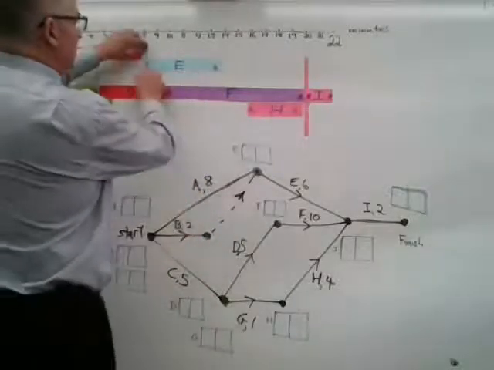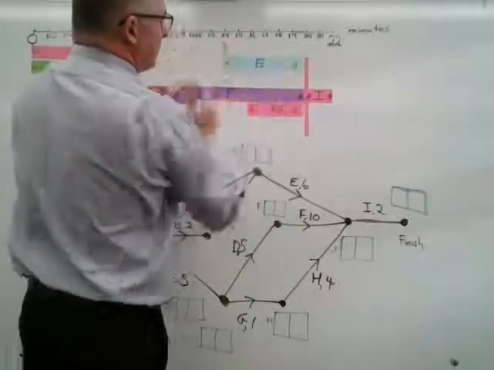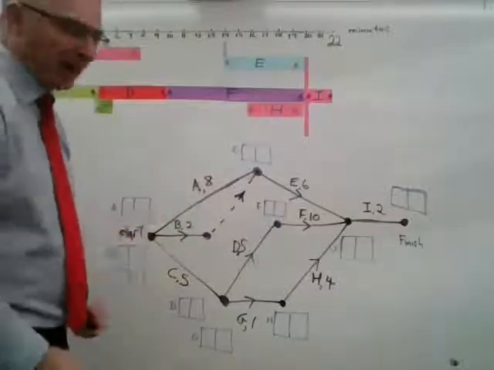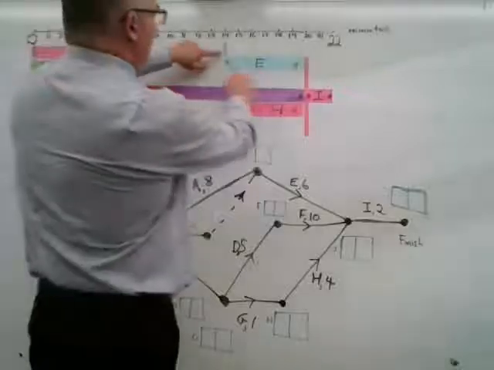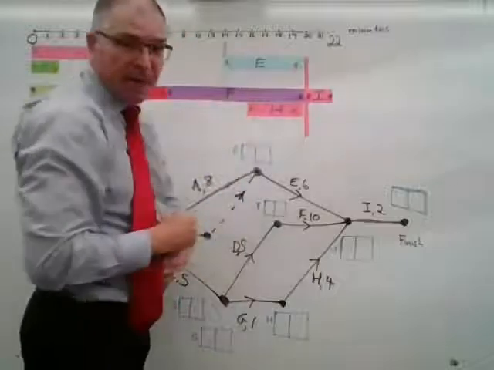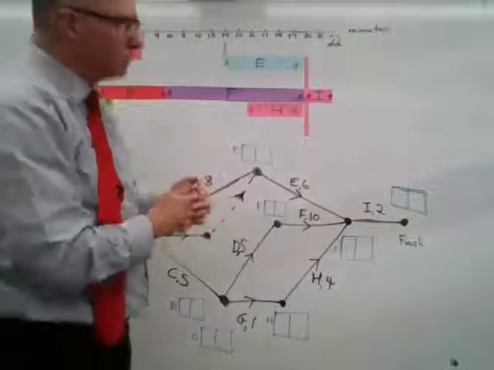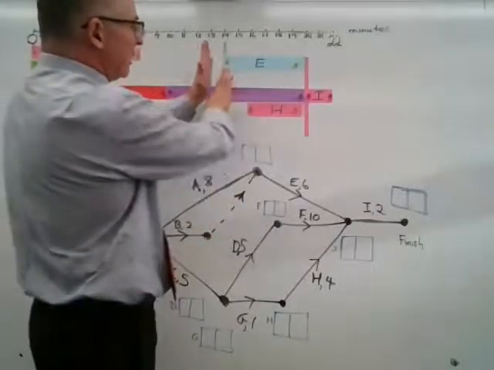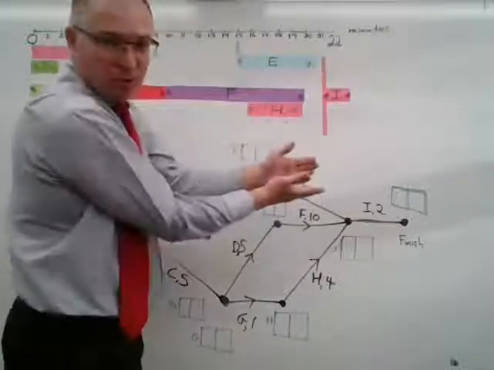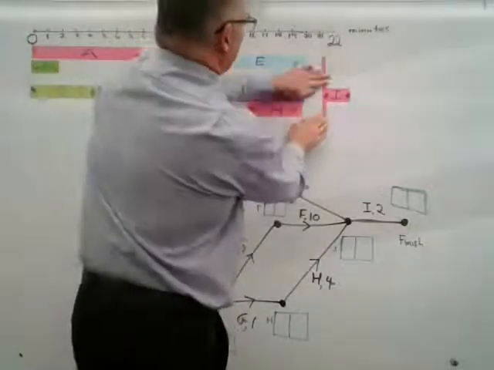So activity E can happen anywhere in this time, as long as it happens before activity I and after activity A. So activity E can actually start at the 14-minute mark, as you can see, and still not delay the project because activity I can still have its full 2 minutes to run its course. If activity E started any later, it would push I further forward, and now the project would take longer than 22 minutes.